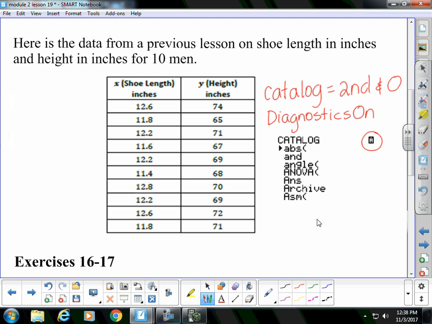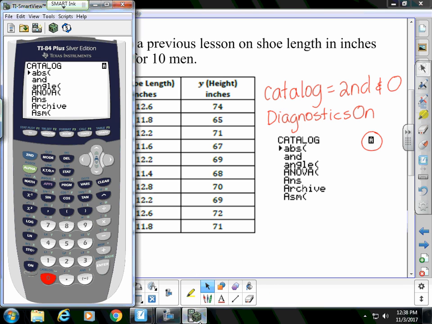So you could hit the alpha D key to jump down to the D's faster, so you don't have to scroll all the way down from the A's. The alpha key is the X to the negative 1 key right here.